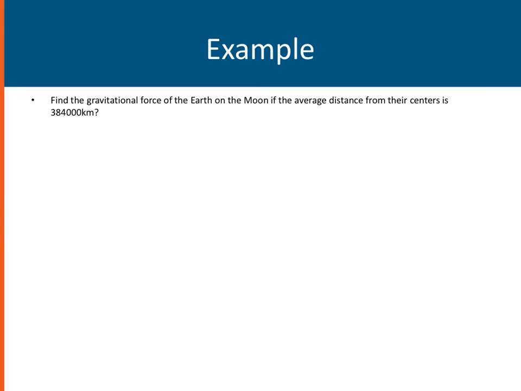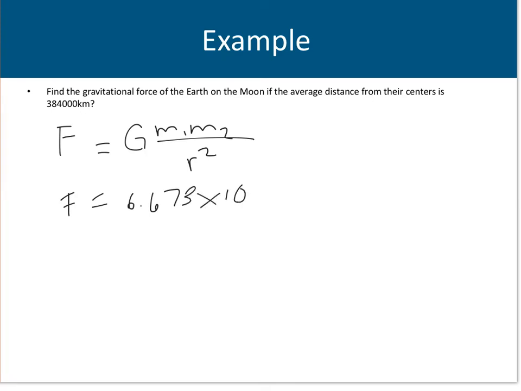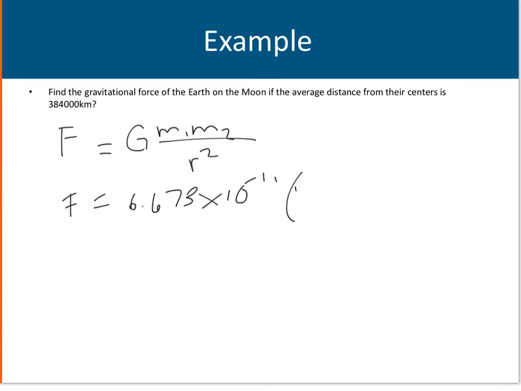Okay, so here's an example. It says find the gravitational force of the Earth on the Moon if the average distance from their centers is 384,000 kilometers. So we're going to use this equation, and we're just going to go ahead and plug in. So G is going to be 6.673 times 10 to the negative 11 times the mass of the Earth, which you guys will actually memorize eventually, but it's in your book, a couple pages before the homework. So it's actually 5.98 times 10 to the 24.